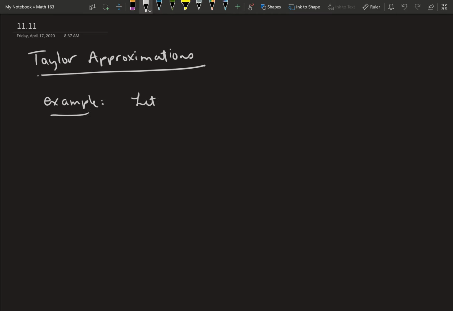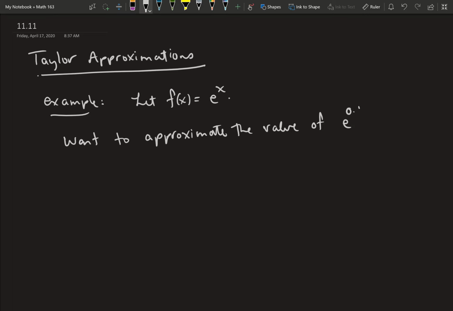So let f of x be e to the x. And let's say we want to do two things. We want to approximate the value of e to the 0.1.